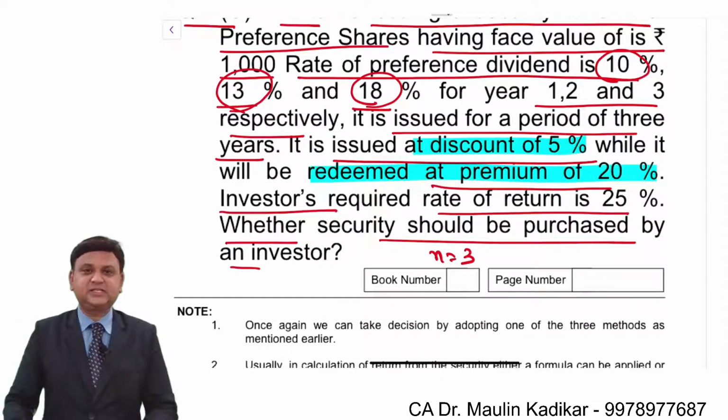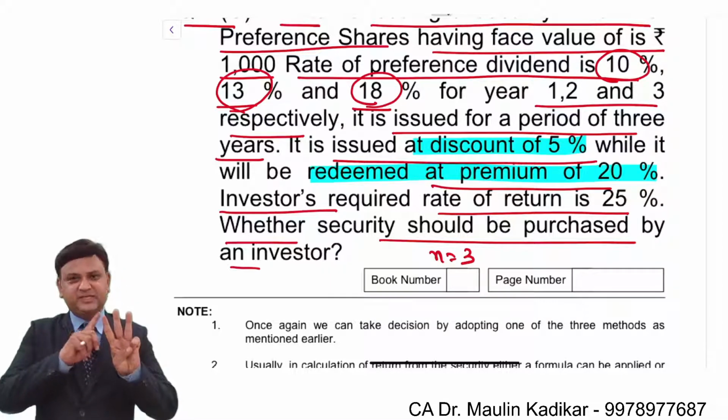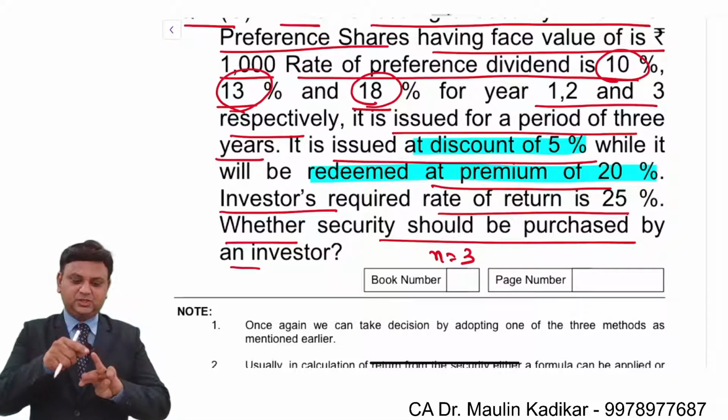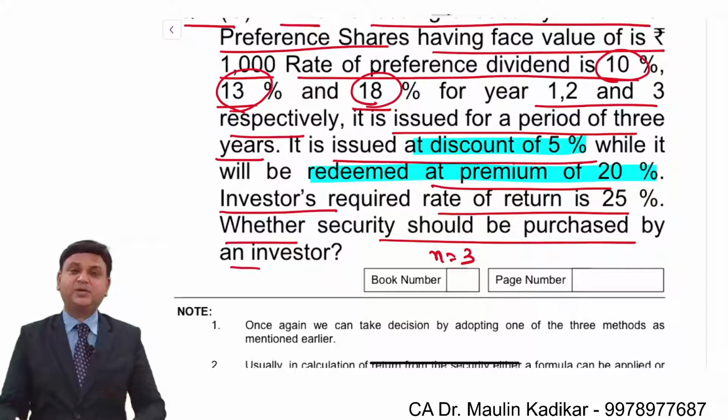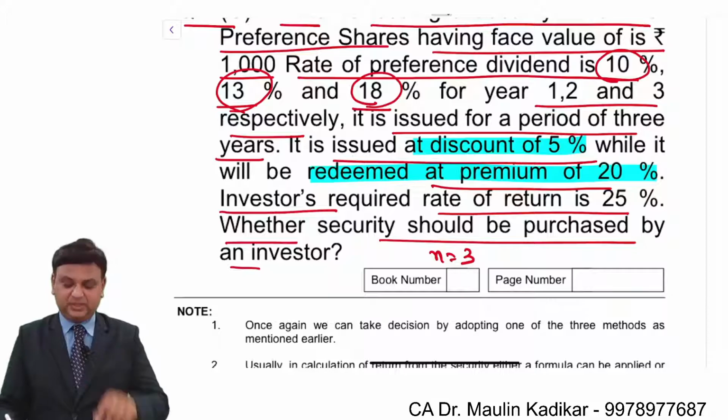So what happens, let's say, from the 3 methods, NPV same, no change. Maximum price that you are ready to pay, no change. In the return, the approximate formula method is not possible, only the IRR method is possible. That is what I want to explain.